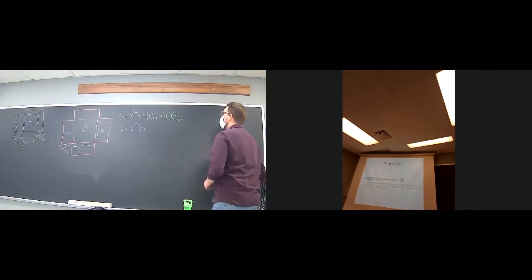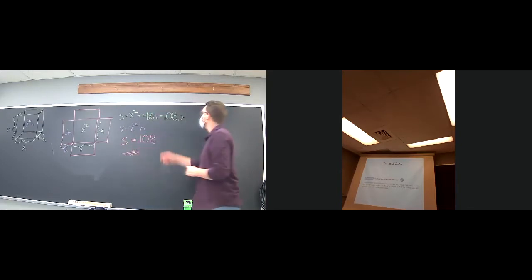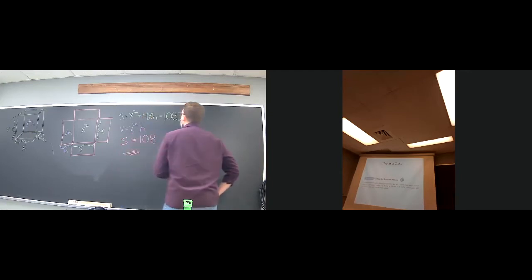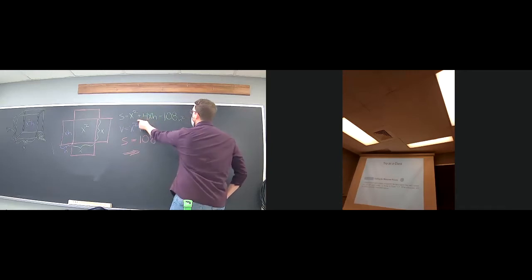So doing that, this first equation is going to tell us that we can solve for h. The way we can do that is we can separate x and h from each other as best as we can.